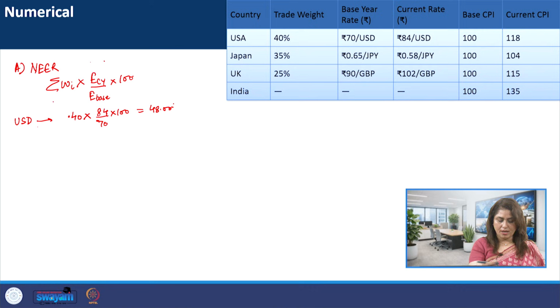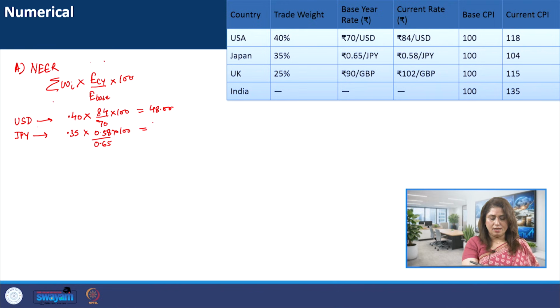48.00. Next is the Japanese yen, where the weight is 0.35 into 0.58 upon 0.65 into 100. The value here comes out to be 31.23.